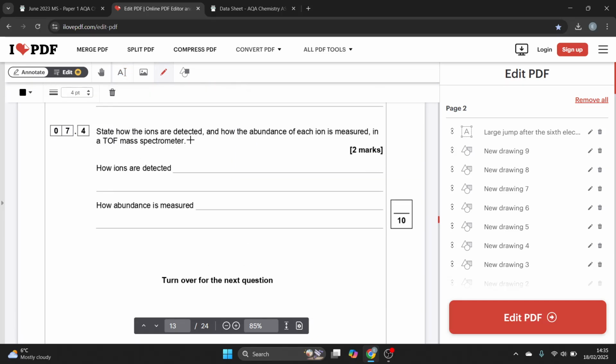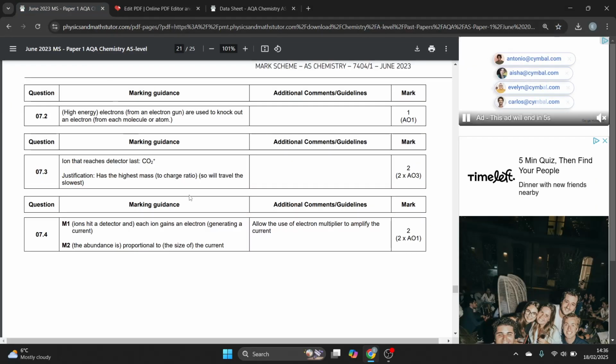So how the ions are detected. Abundance is proportional to the size of the current, that's fine, but I need to be a bit more specific.